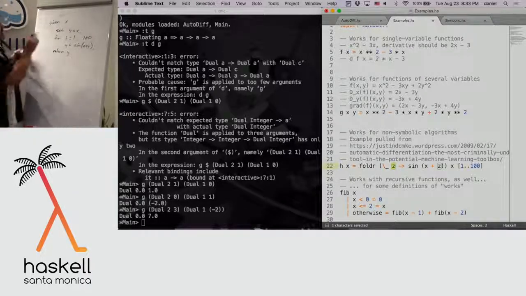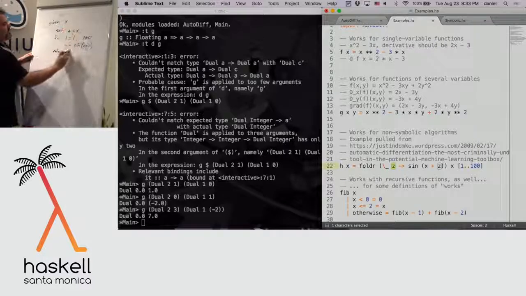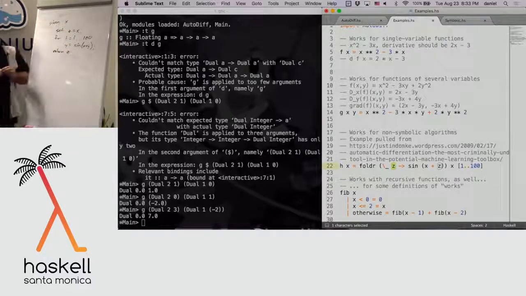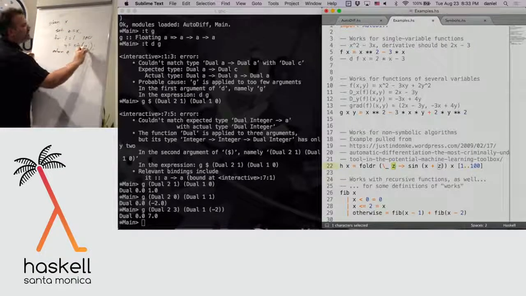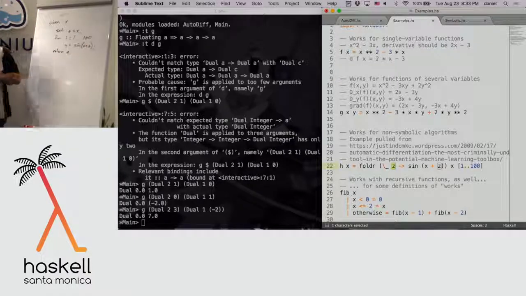That's their y. And we are applying sine of x plus the accumulator. And then we return that when we're done. So this does the same thing?